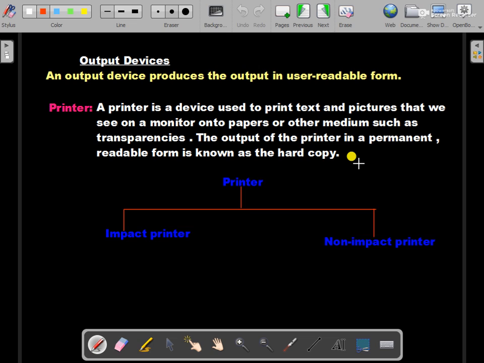Output devices. An output device produces the output in user readable form, meaning whatever we see on the computer monitor, we call it user readable form.